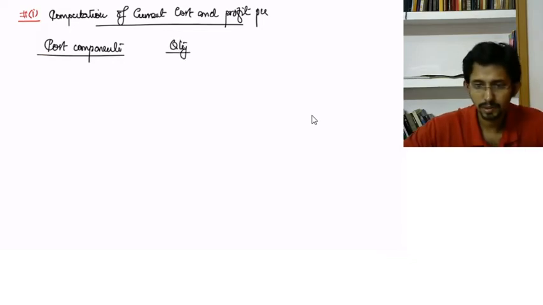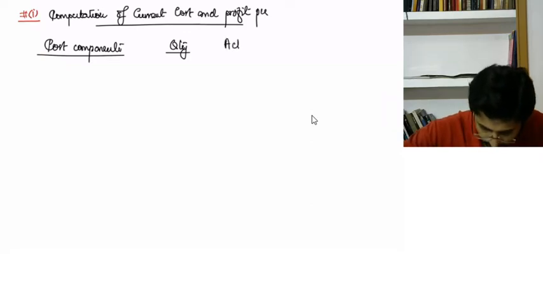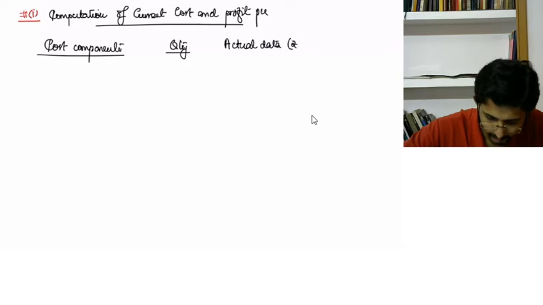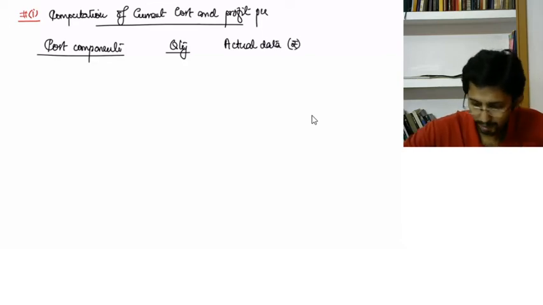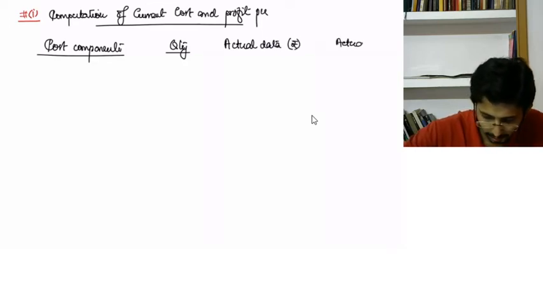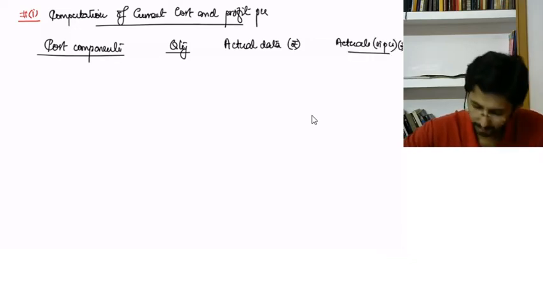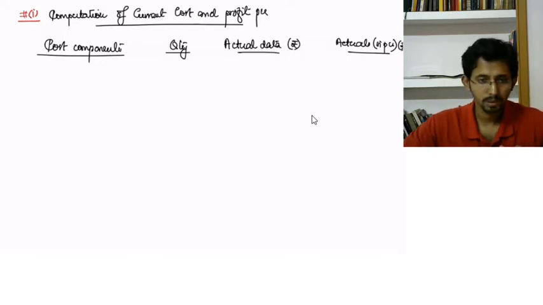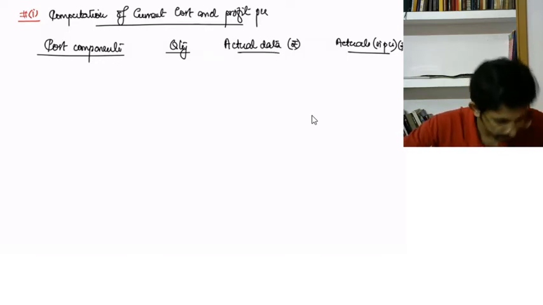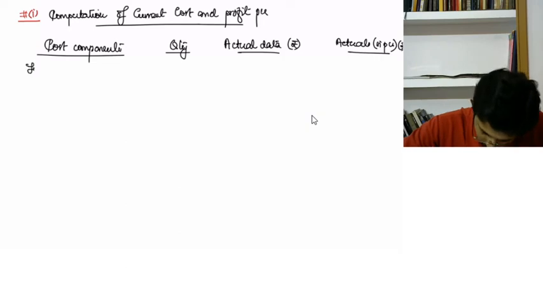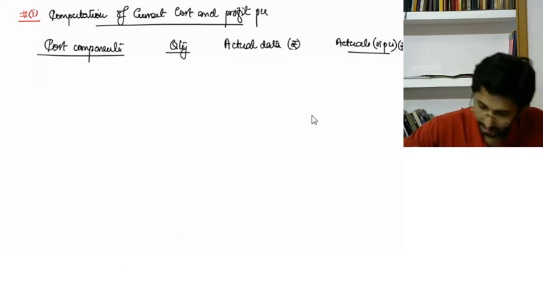Then quantity. First we will take actual data, figures in rupees, and actuals per unit, again rupees. Okay, so first is total revenue. Well, I will write it as sales revenue.